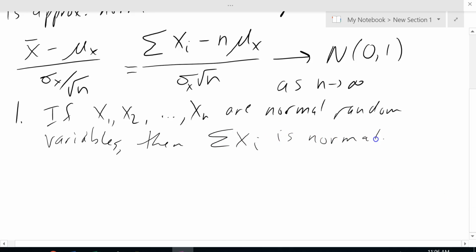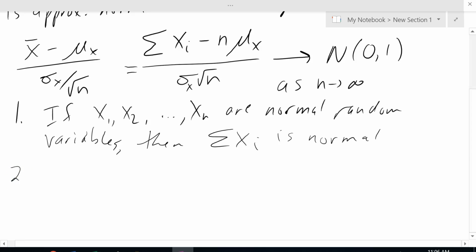So the sum of normals is normal. And we just talked a minute ago that, independent or not, the mean of the sum is just the sum of the means. As long as they're independent, the variance of the sum is the sum of the variances. Right? We just talked about that a little bit ago.